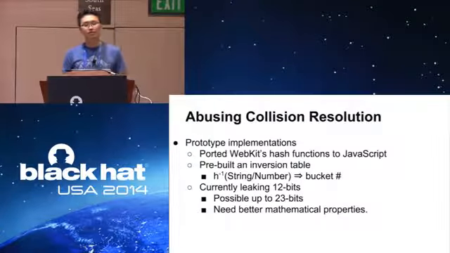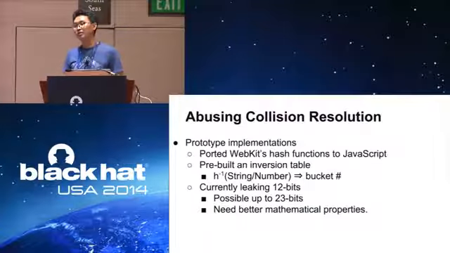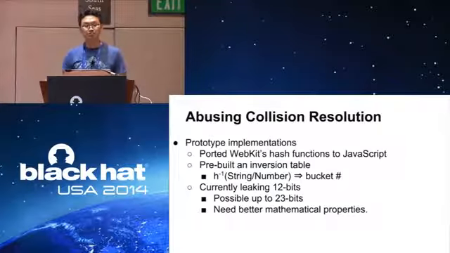We implemented this as a prototype. Because WebKit has different hashing function implementations, like string hash, we ported the C++ implementation to JavaScript, because our tag is written in JavaScript. We also pre-built the inversion table.